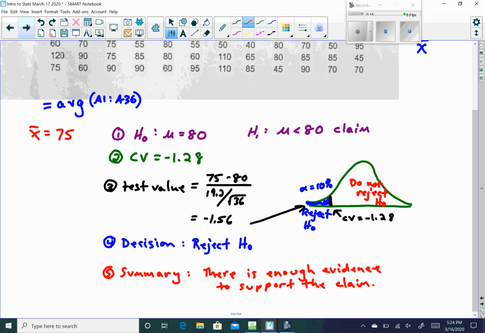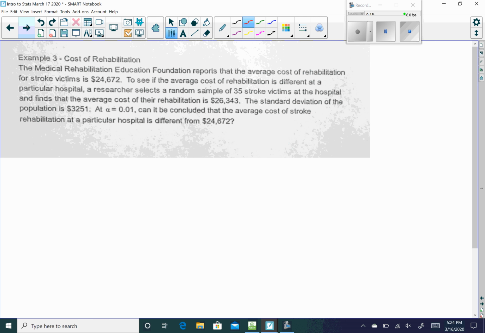So let's go ahead and try one more example, which is about the cost of rehabilitation. This Medical Rehabilitation Education Foundation reports that the average cost of rehabilitation for stroke victims is $24,672.